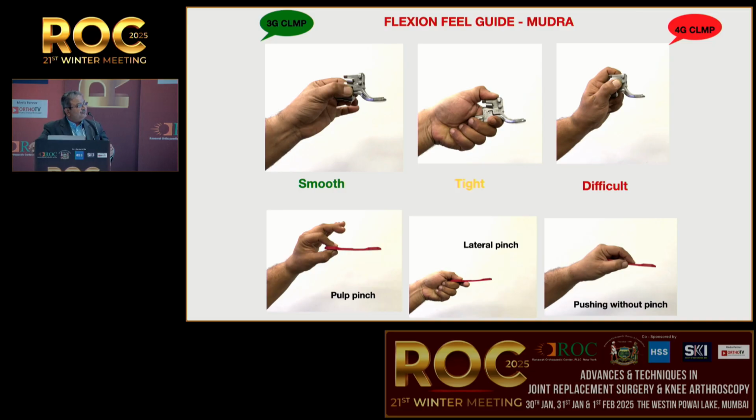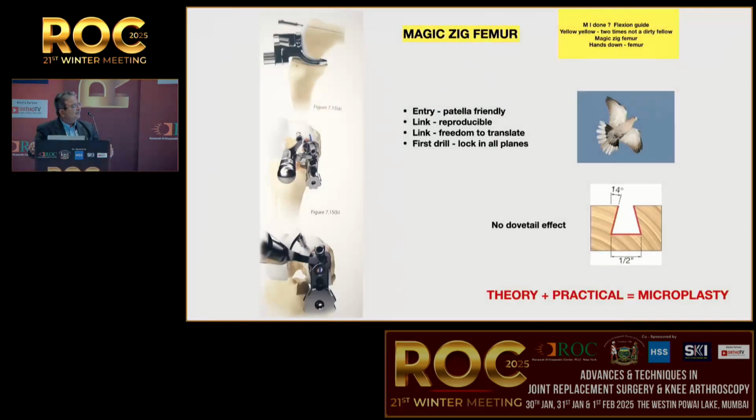So what crime you do to begin with, the first step: lastly your poly will not go, and you will say the poly is not going because you had pushed this thing to begin with and distracted the ligament, and it is not going to generate the proper sizes. So this is the pulp pinch, and lateral pinch is okay when you put and balance your knees, but never push with your hand at the back, and it will definitely go. You feel this is the right size, but then your poly will not go at the end. This is good, and this you have to achieve.